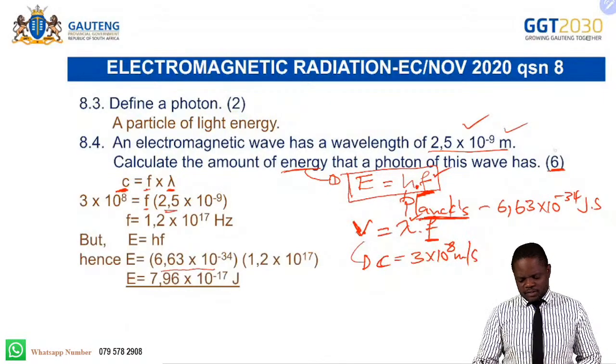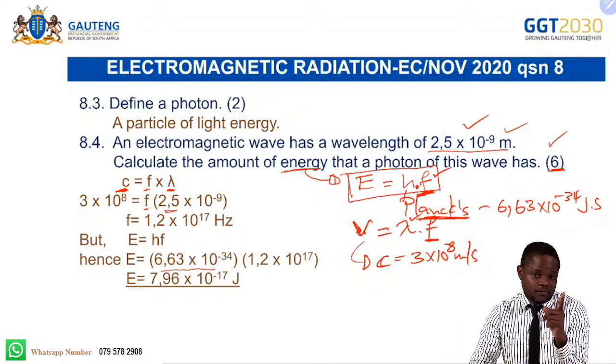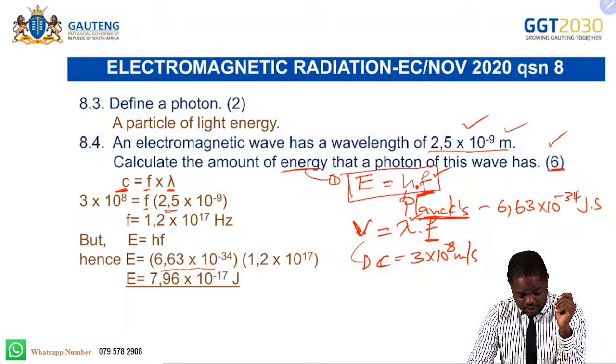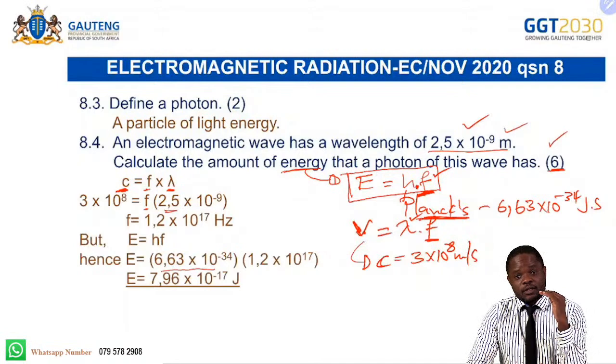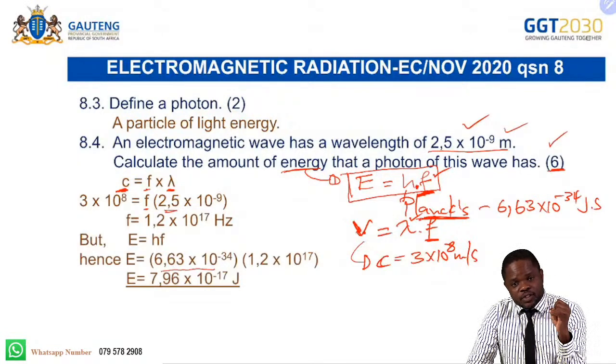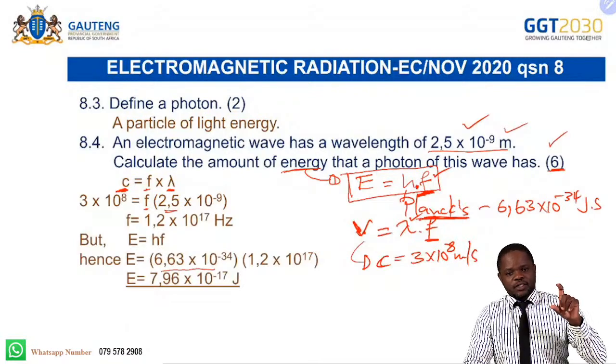And that's why I was saying these should be 6 free marks. Wherever there is a formula, it is a free mark. That is our slogan for term 1. So if you are expected to get energy, first step, identify the formula for calculating your energy.